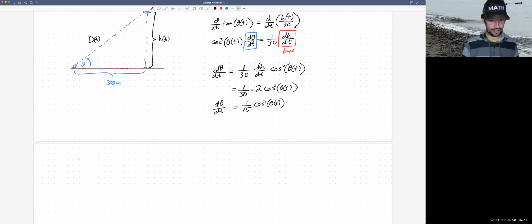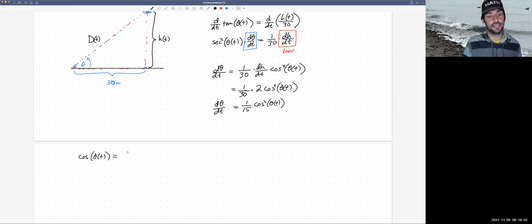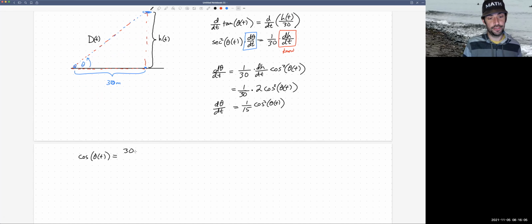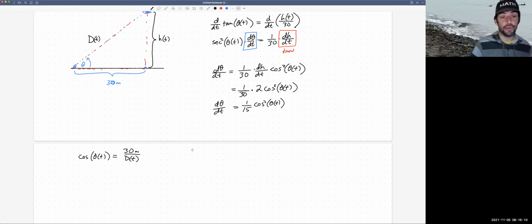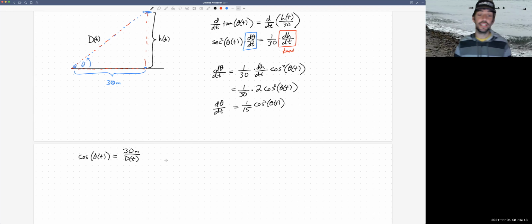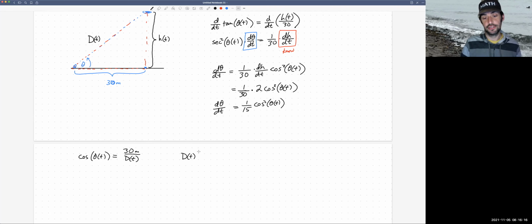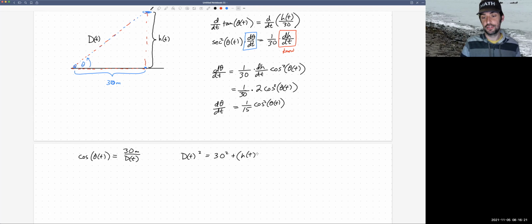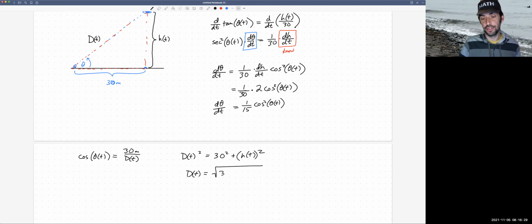In other words, let's write this out. Cosine of theta of t is equal to 30 meters over d of t. But we also know from the Pythagorean theorem, d of t squared is equal to 30 squared plus h of t squared, or d of t is equal to the square root of 30 squared plus h of t squared.